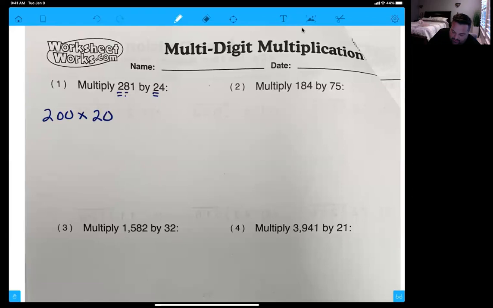Then I'm going to pull out this 80 right here and multiply it by the same 20. Then I'm going to pull out this 1 and multiply it by the 20. Got it? So now I've done 281 times 20, right? And if I multiply these out, I would get 4,000, I would get 1,600, and I would get 20.